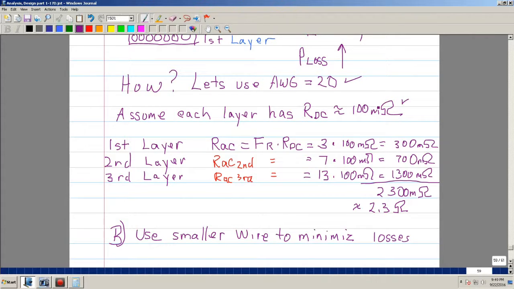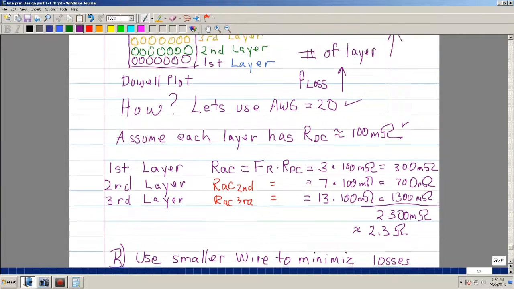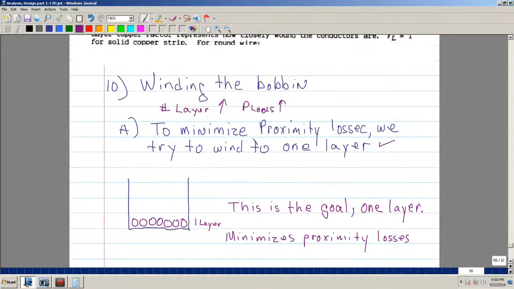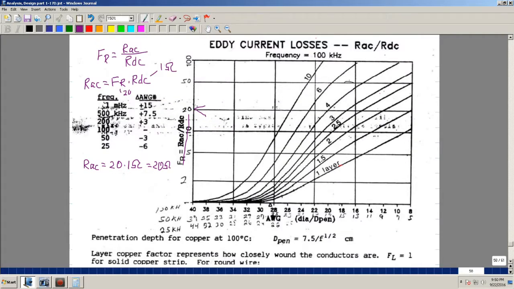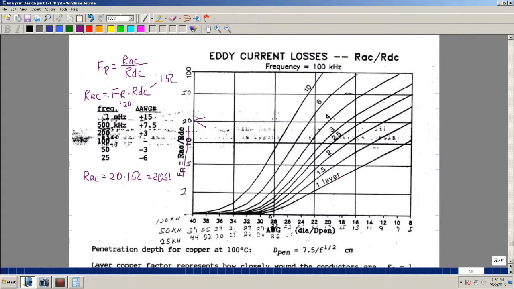So let's use the Dowell plot to figure out the power losses, based on a transformer being built with 3 layers. So this is where the power of this comes in.